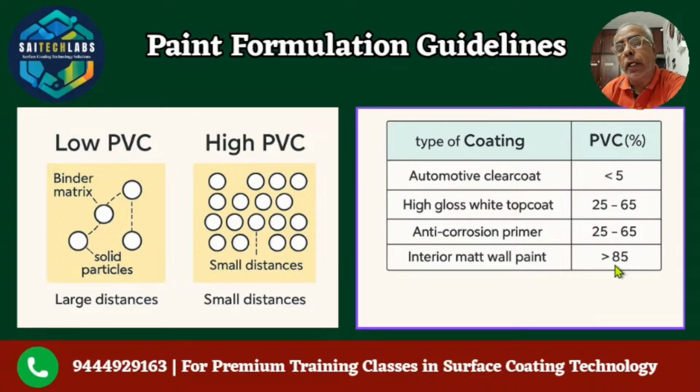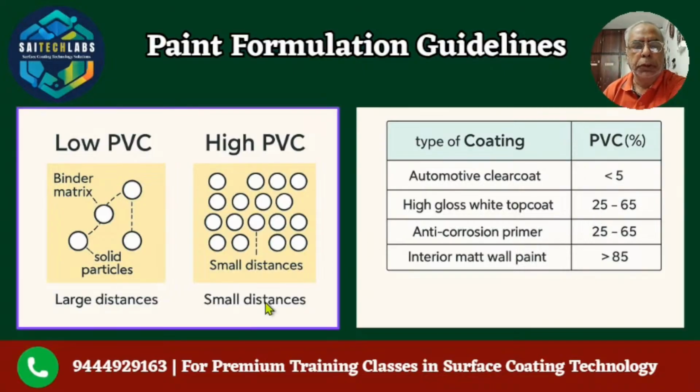You can definitely note that the pigment particles and extender particles are more and the binder is less. If it is too much, it may lead to chalking also. So it is dead matte, interior matte, and it is in between in the case of a high glossy and anti-corrosion primer. In the case of high glossy white top coat, you have 25 to 65, and anti-corrosion 25 to 65. Okay, in the case of high glossy white paint, it would be around 20 to 25. So likewise, glossiness and mattness are all dependent on the pigment volume concentration.